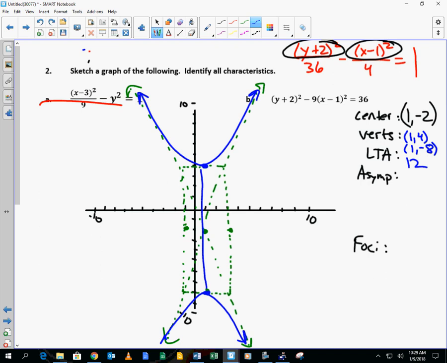Asymptotes, I need slope, and I need a point on the line. What's the point on the line? 1, -2. It's the center. What is the slope? What's my rise for the box? My rise for the box is 6. What's my run for the box? 2. So 6 over 2 is 3.